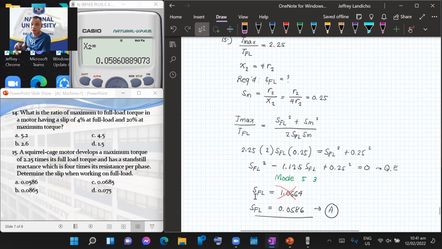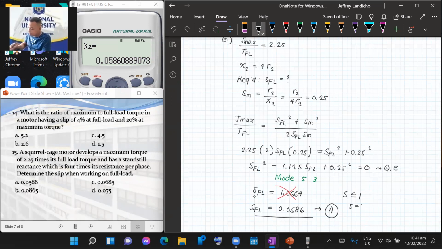Mathematically correct siya, but practically, theoretically speaking, tandaan natin that the value of your slip, it is always less than or equal to 1 only. Hindi siya pwedeng mag-greater than 1. The highest possible value of slip is only 1.